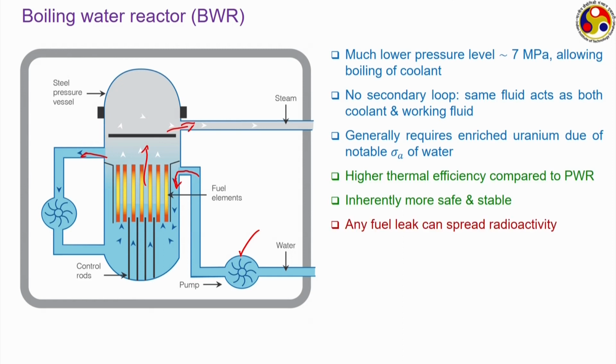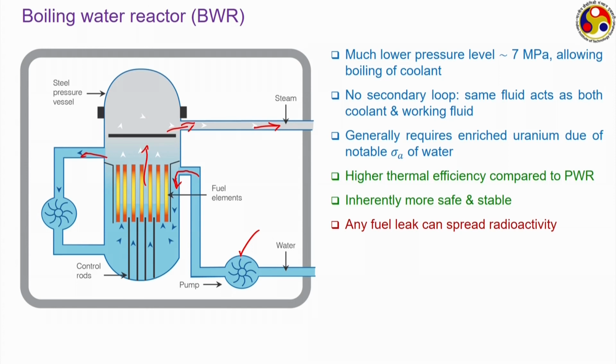But one big problem with the boiling water reactor is that if there is any leak in the fuel side, then the radioactive elements or the fission decay products can come into the moderator stream, and when this moderator starts boiling, the corresponding water vapor which is going to the turbine through this line may also carry those radioactive isotopes.